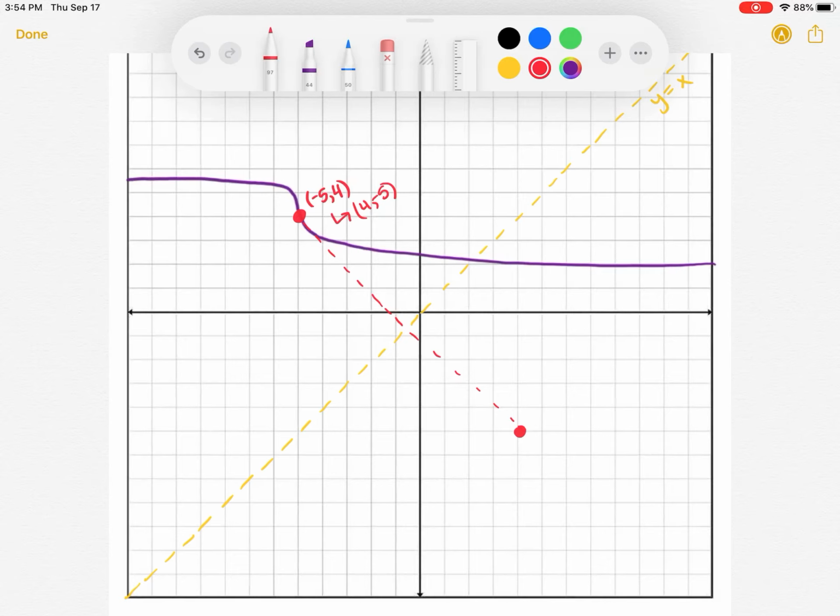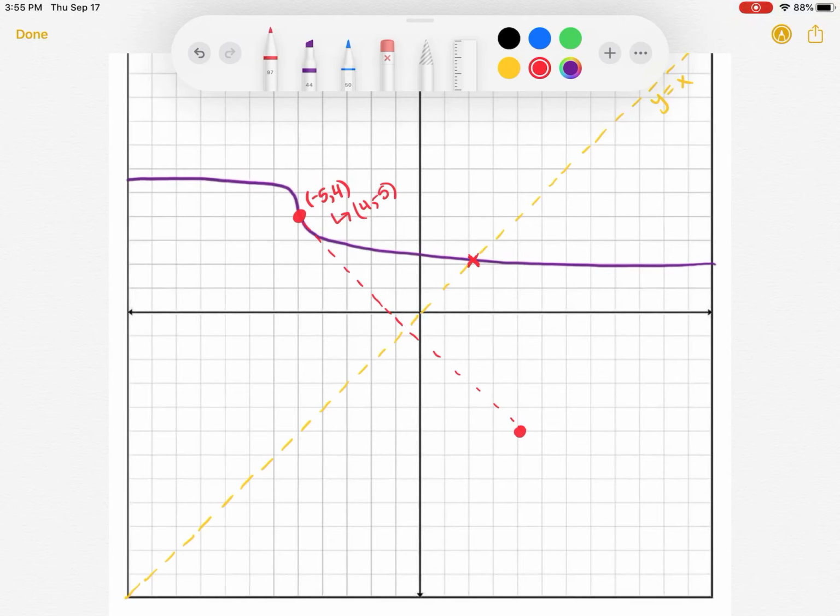Now I just need to draw the rest of my function. The way I do this is I turn my head so I'm looking at that diagonal line as the center of the picture, and I'm trying to create a mirror image. It's helpful to look at where it crosses, because I know that where my original graph crosses the y equals x line, my inverse is also going to cross there.